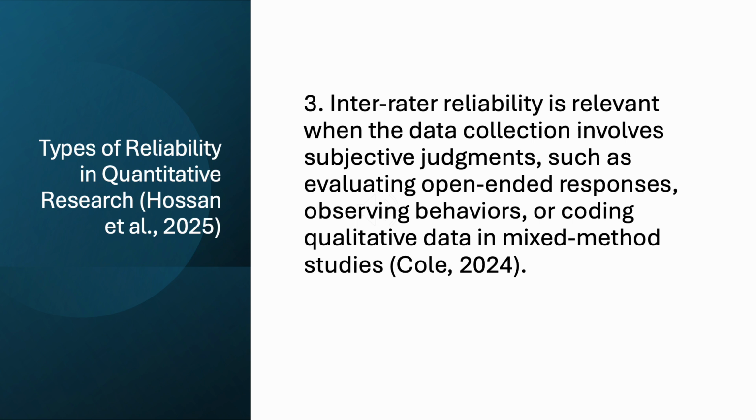It assesses how consistently different raters interpret or score the same data independently, according to Tullies et al. 2025 and Richibonet et al. 2024. Common methods for measuring this include Cohen's kappa, which adjusts for chance agreement, and the intra-class correlation coefficient, or ICC, for continuous data. High agreement between raters enhances the credibility and objectivity of research findings.